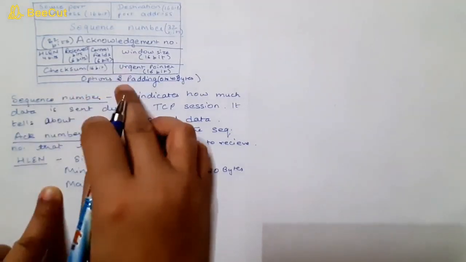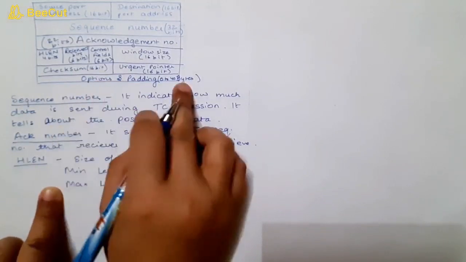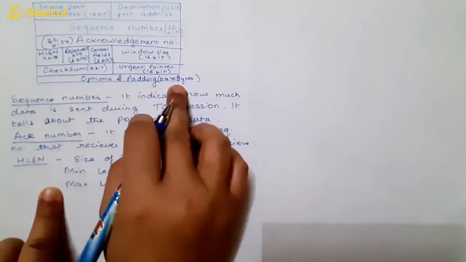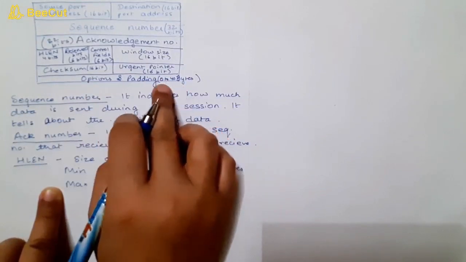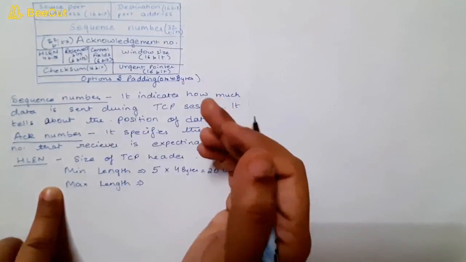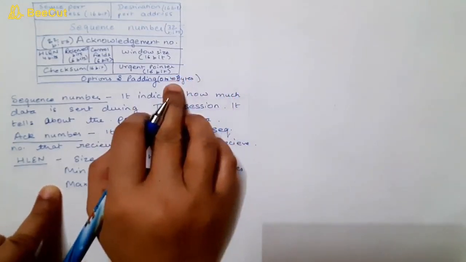But if you are using the 6th row also, which is options and padding, this row is of size 0 to 40 bytes. If we are considering maximum length, then we'll consider the maximum value of this field, which is 40 bytes.